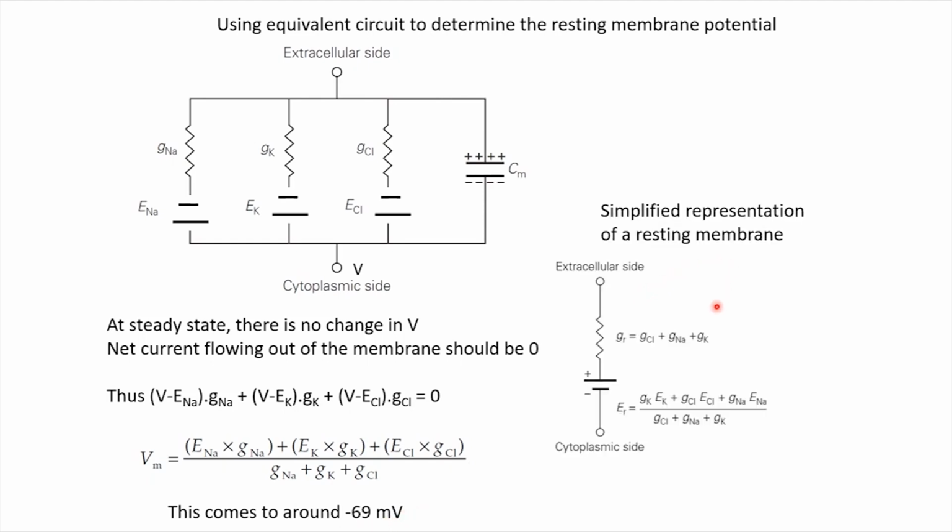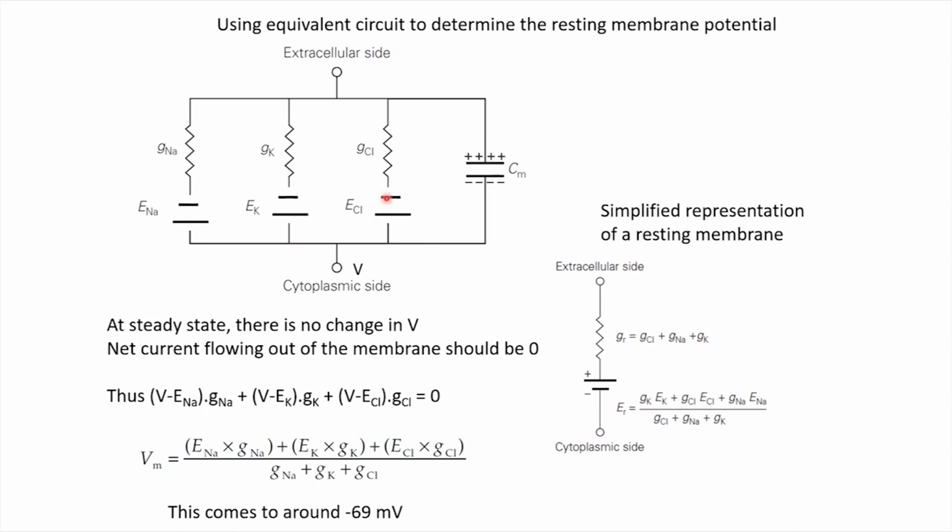And if we want to simplify the representation of the neuronal membrane, we can actually combine these three into a single type of conductance, where the total conductance will be the sum of these three conductances, and the battery can be replaced by this final voltage. So these three types of channels can be thought of as this single type of channel with this total conductance and this equilibrium potential.